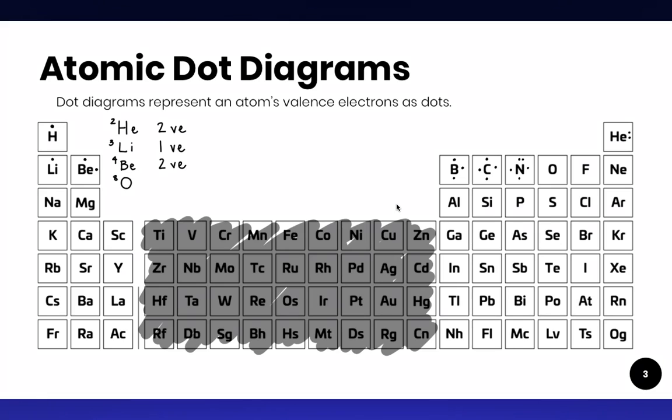How many valence electrons, and what does the dot diagram look like for oxygen? There are 6 valence electrons, and the dot diagram will look like this.